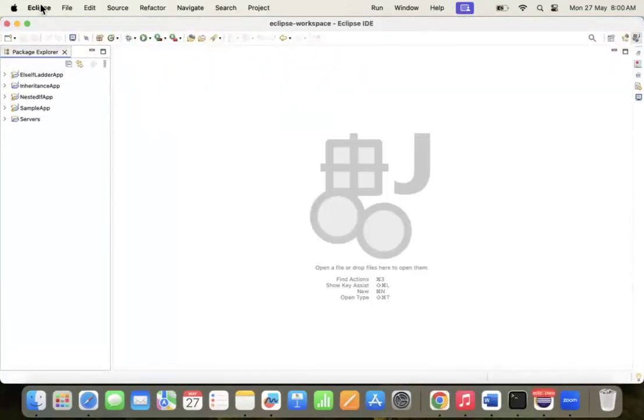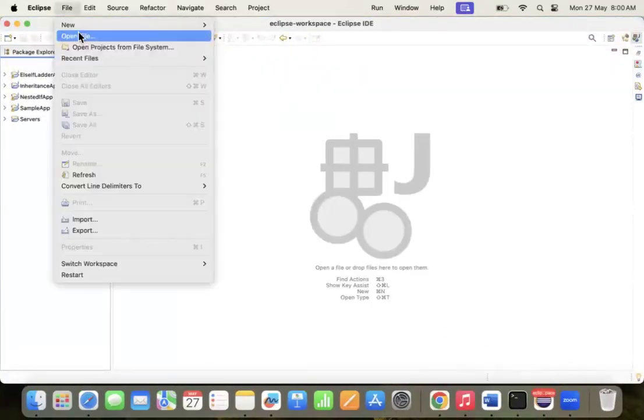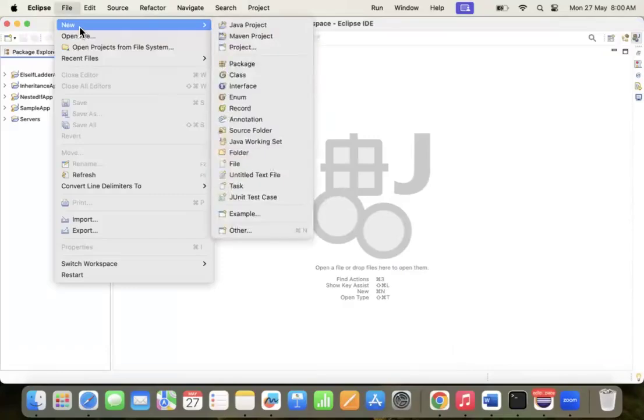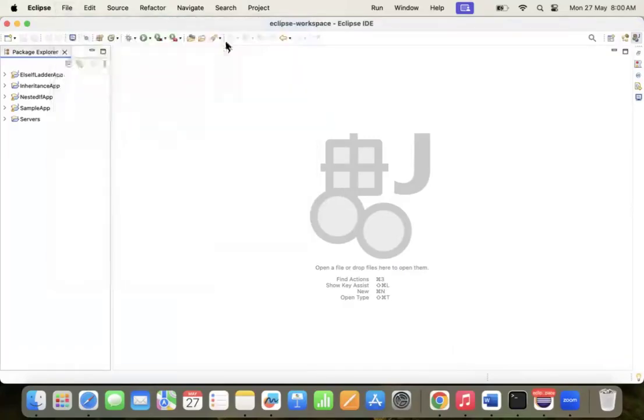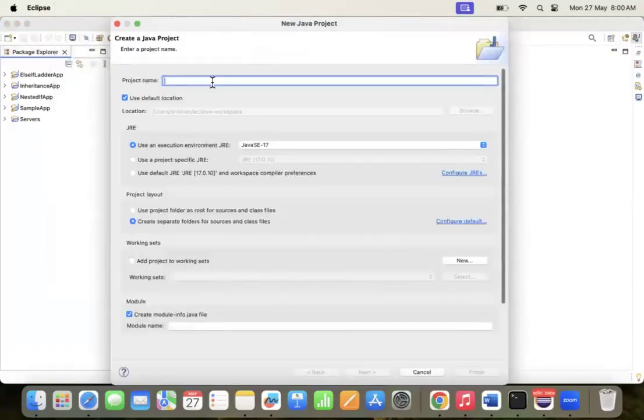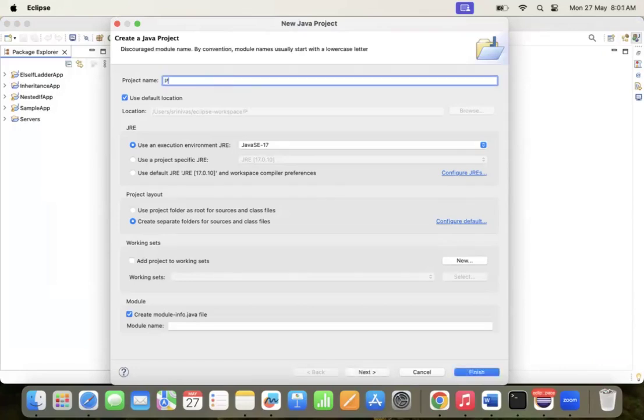Let's create a new Java project. The project name could be anything we want. Project name could be pyramid pattern program.